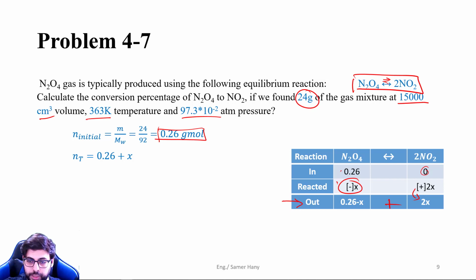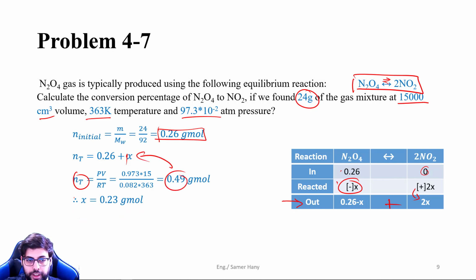All right. And the total number of moles at these conditions from the ideal gas law, we can easily retrieve that as 0.49 gram moles. Substituting this number in here, we get X is equal to 0.23 gram mole.